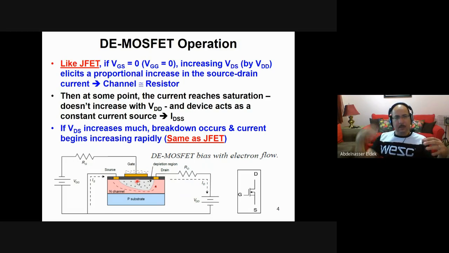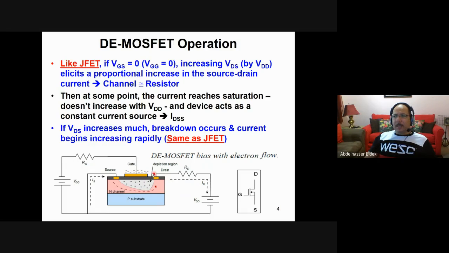So the electrons will fill these holes. So what are the remaining free electrons to move? 80. This is what happened. At the beginning, we have just electrons in the N channel, but when you add positive charges, exactly as if you add holes, then the electrons will fill these holes. Then the remaining electrons that can move from the source to the drain are fewer, and so on.